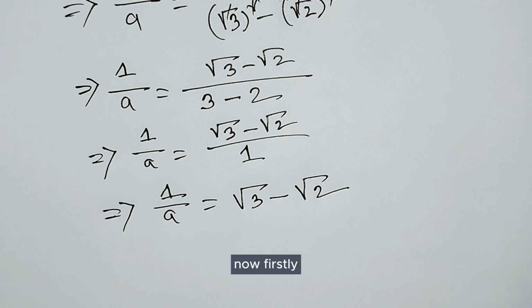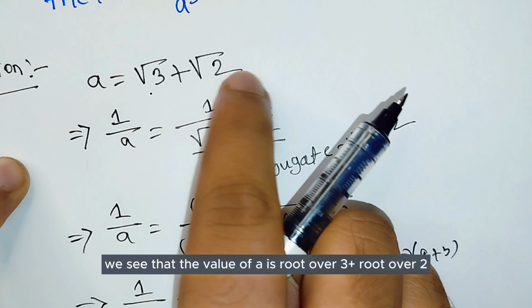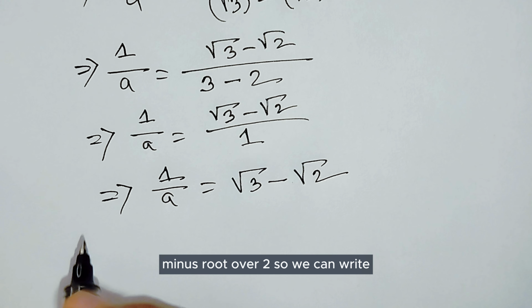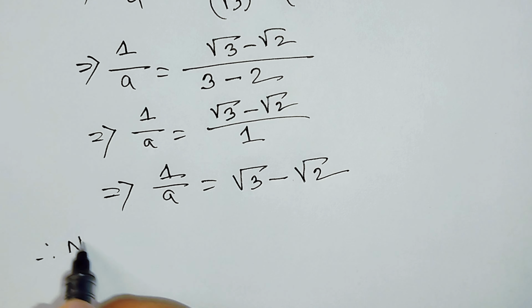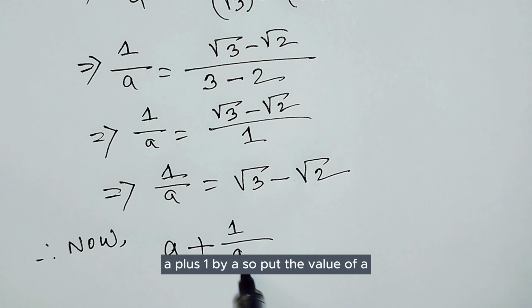Now, we see that the value of a is root 3 plus root 2, and 1 by a equals root 3 minus root 2. So we can write a plus 1 by a.